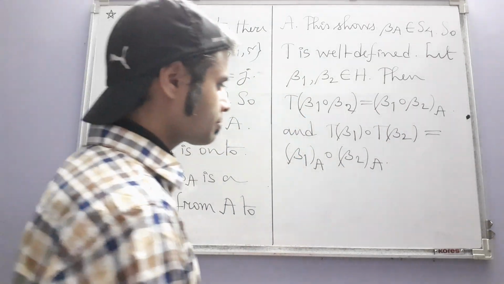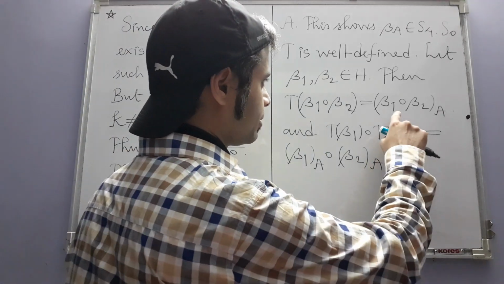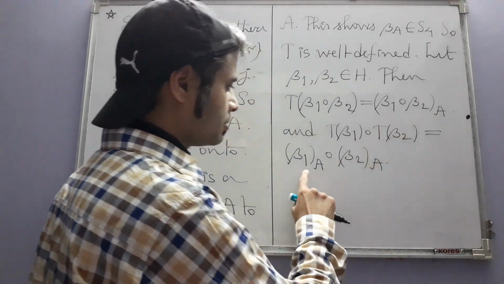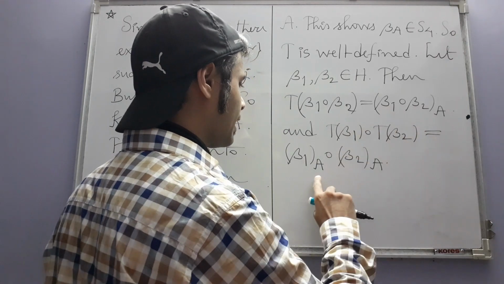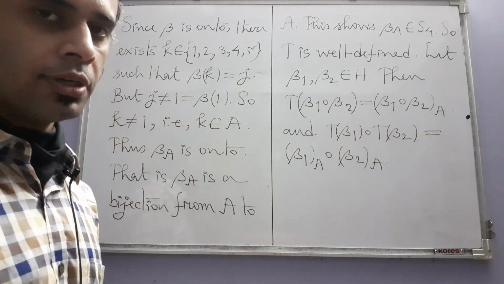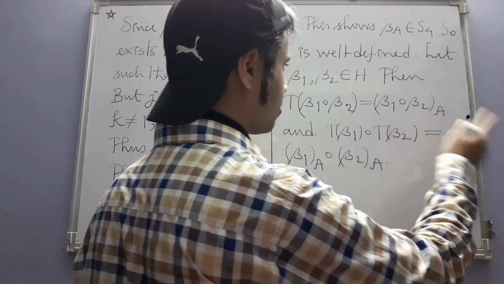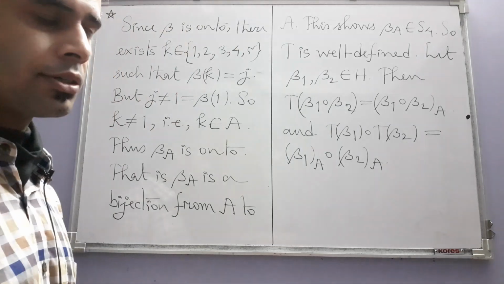Let's see. One thing is obvious, that both these functions map A onto A. How? This already maps A onto A, but how is that true?